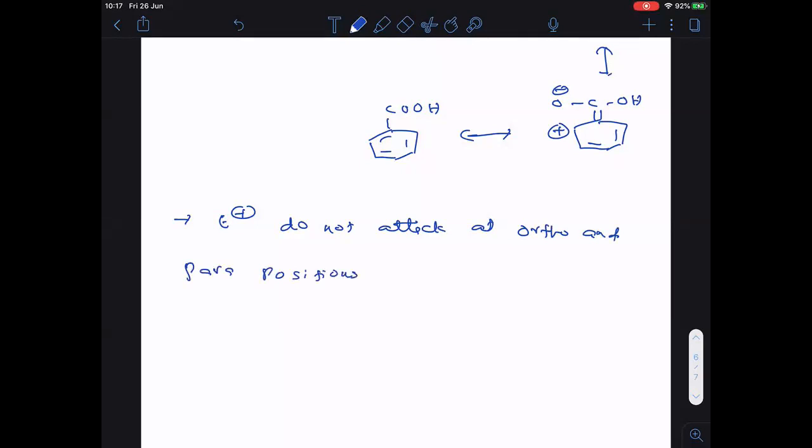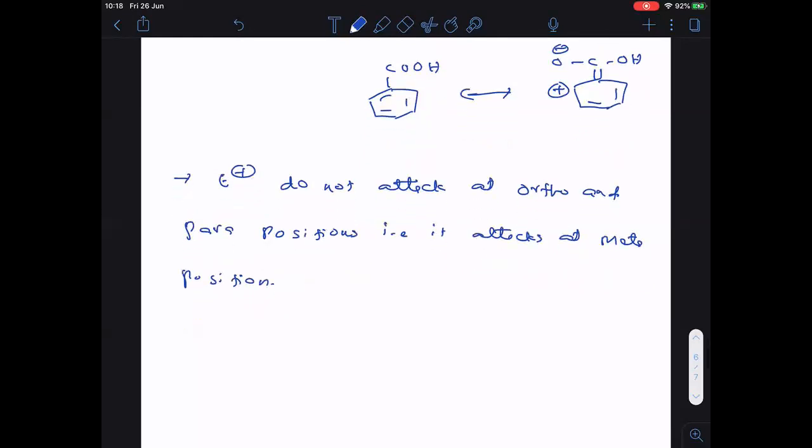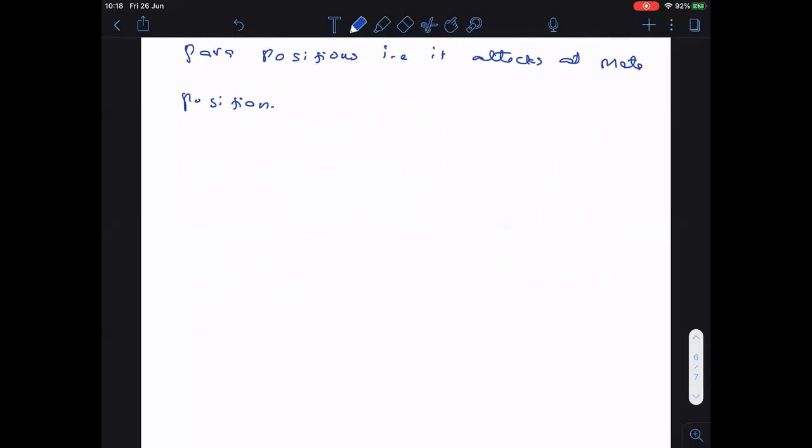That is, it attacks at the meta position then. Clear? Therefore, I can come to a conclusion like this now.